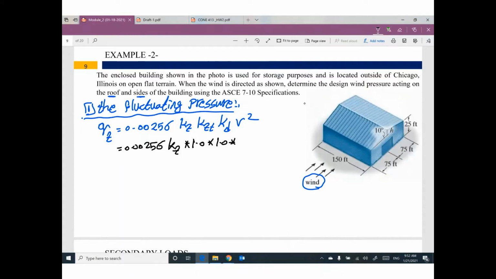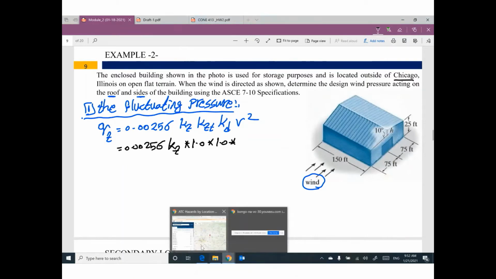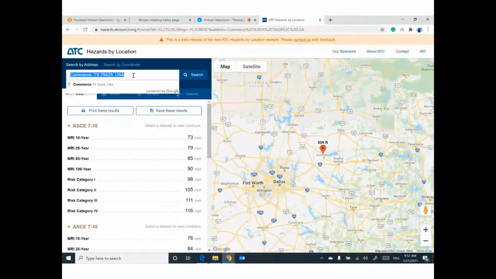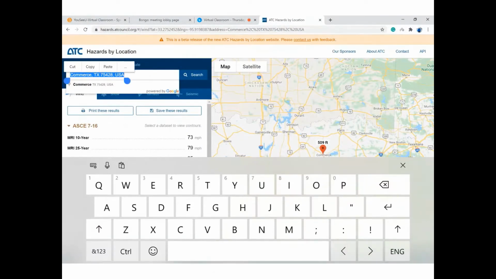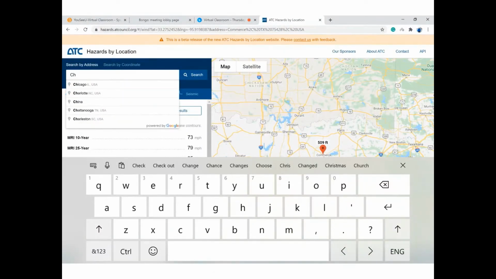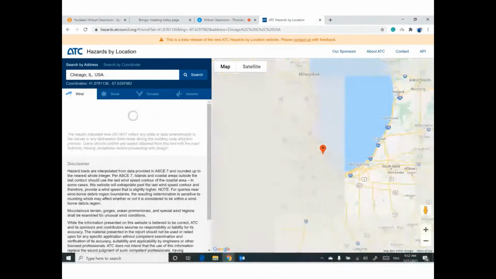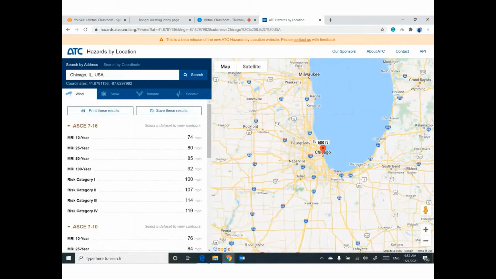I need to go to Chicago to figure out what is the velocity of the wind. So, Chicago, Illinois. Okay. And I'm gonna assume the building is risk category 1.